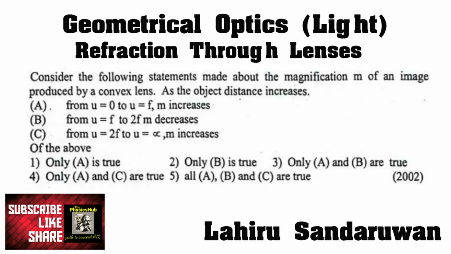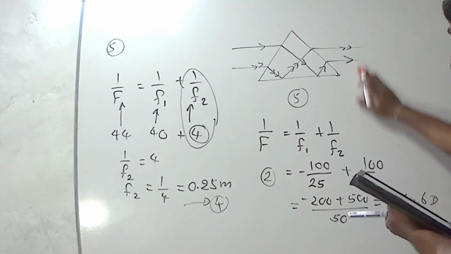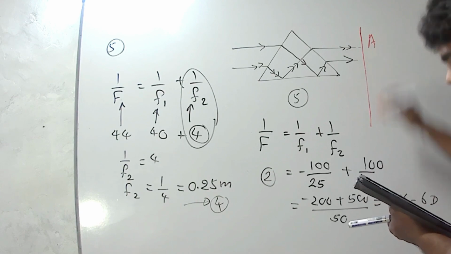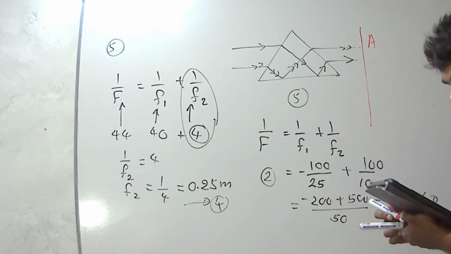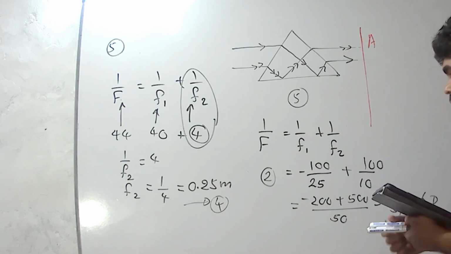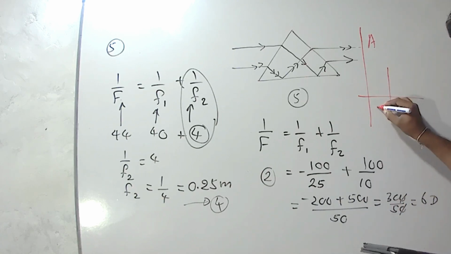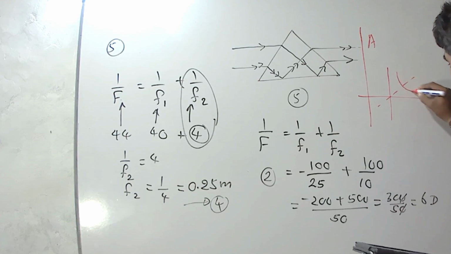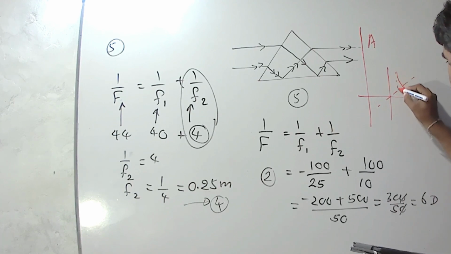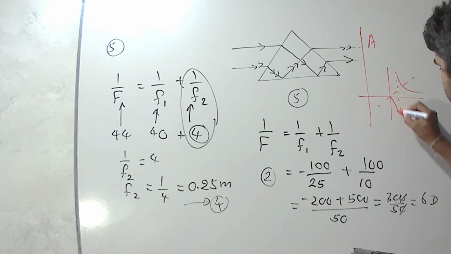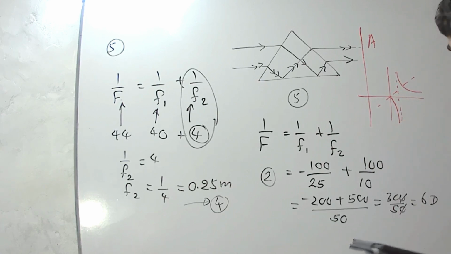Consider the following statements made about the magnification M of an image produced by a convex lens at object distance. Statement A: from u equals 0 to u equals f, M increases. We know that the image distance and object distance of a convex lens should be like this.